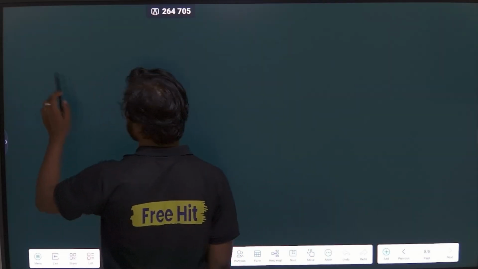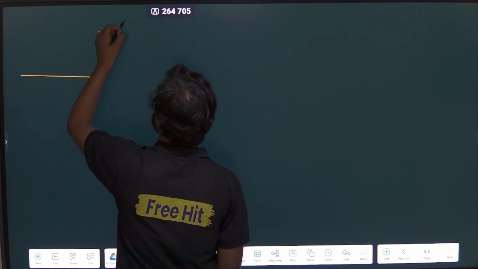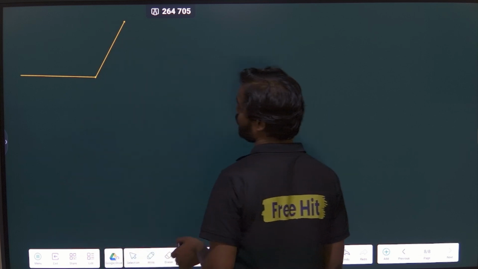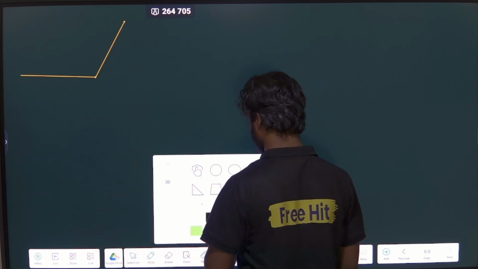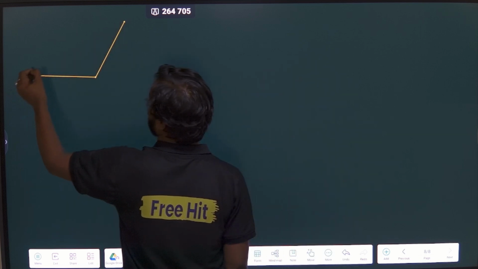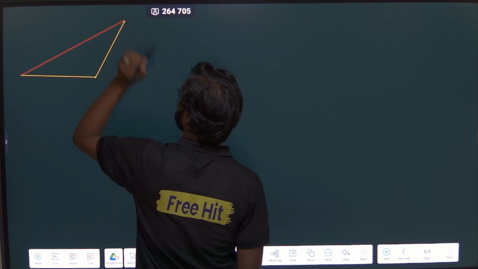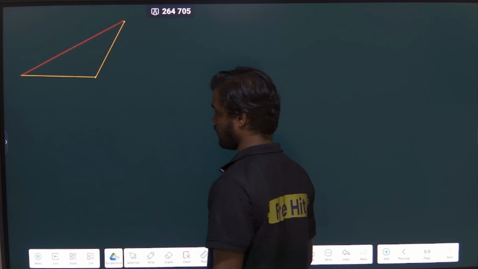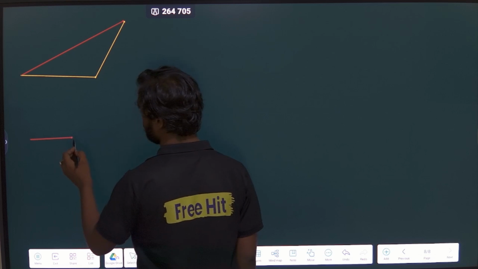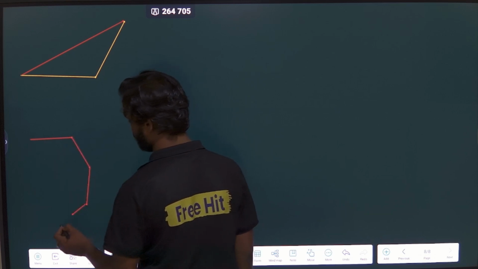I have one vector here, and I have another vector here like this. And this is my another vector here. Similarly here also, let us suppose this is one vector, this is another vector, this is one more vector.